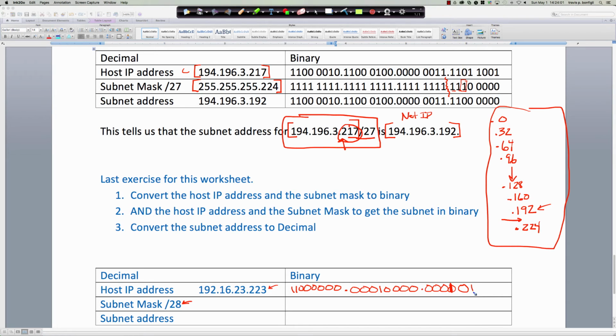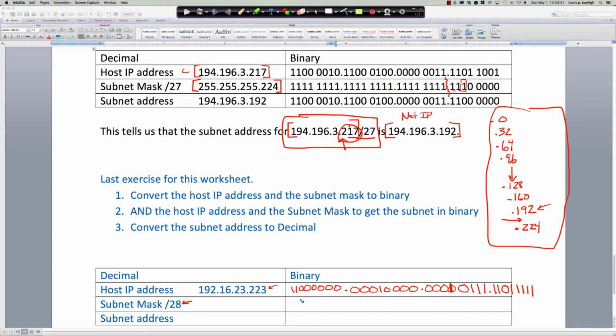And then we've got dot 223. So 128, 192, it's not going to be the 32, that'd take us to 224. So we're at 192. Well, 192 plus 16 is going to give me 208. And then we're going to have 216, 220, 221, 222, 223. So there's the IP in binary.